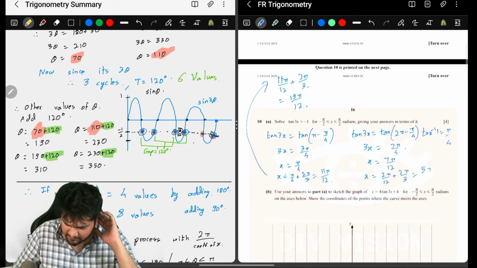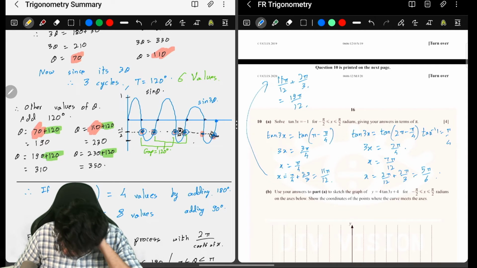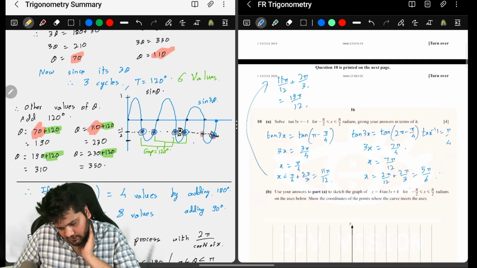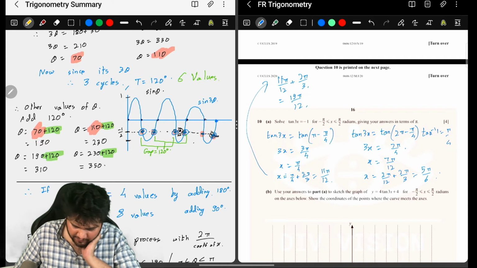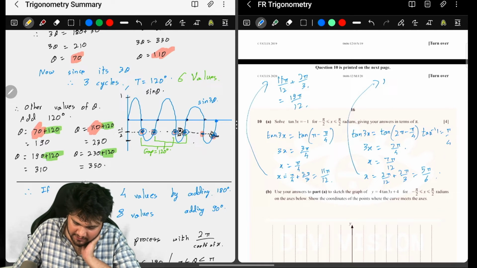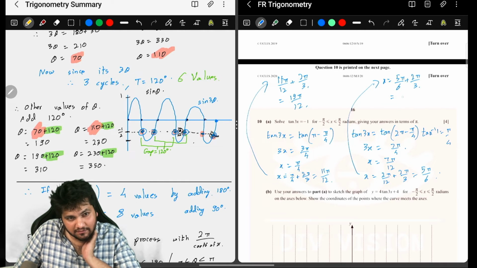Okay, so 5 pi by 6. I'm just checking once. Yeah, that's fine. 5 pi by 6. Again we are going to add 2 pi by 3 to this value to get another value. So x is going to be 5 pi by 6 plus 2 pi by 3, which is nothing but 9 pi by 6, which is 3 pi by 2.